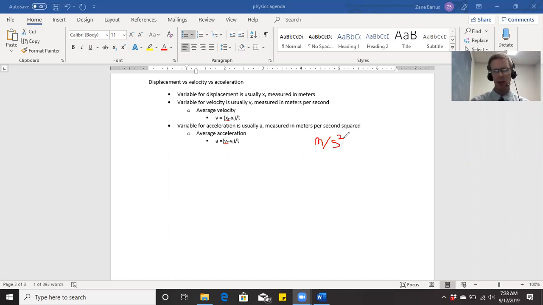But when you're trying to understand what acceleration means just by looking at its unit, it's kind of weird. So I suggest memorizing this unit and recognizing that whenever you see meters per second squared, that's an acceleration you're looking at. All right, let's keep going.